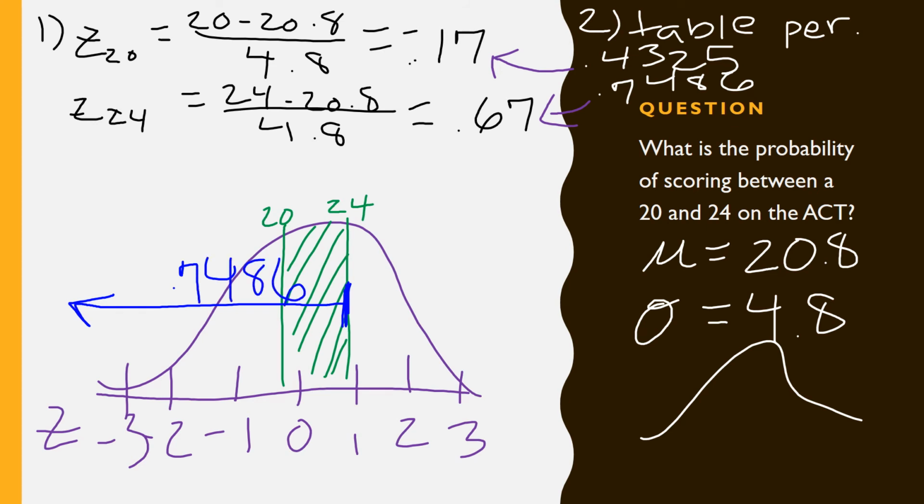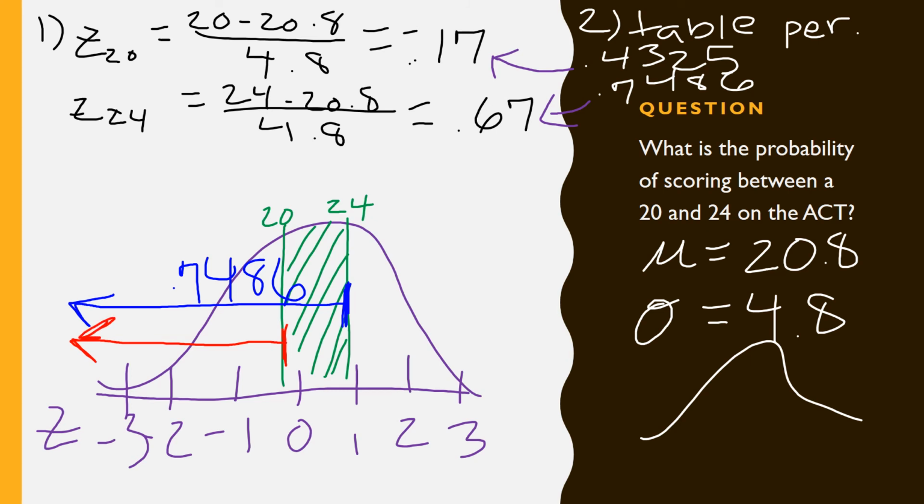Okay, and then the 0.4325 is the area to the left for the first line. So I'm going to do that in a red color. So it's going to be from here. Right, this is the z-score of negative 0.17. And we found the percentile, so that's area to the left, so that's all the way here.